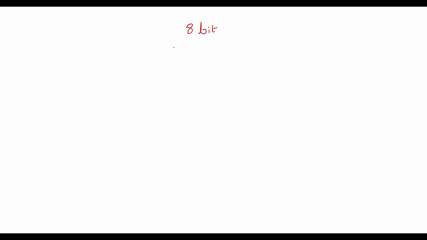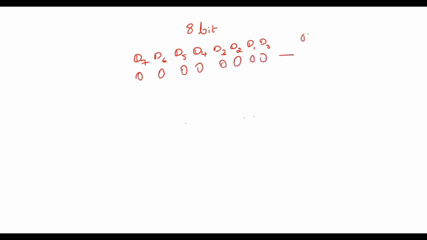You know that an 8-bit number has the bits D0, D1, D2, D3, D4, D5, D6, and D7. So these are the bits that I have. I can have 0000 0000, which in decimal is 0. If I put one more number in binary, this is 1.